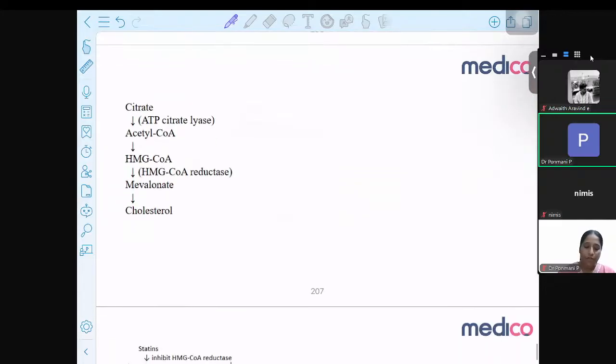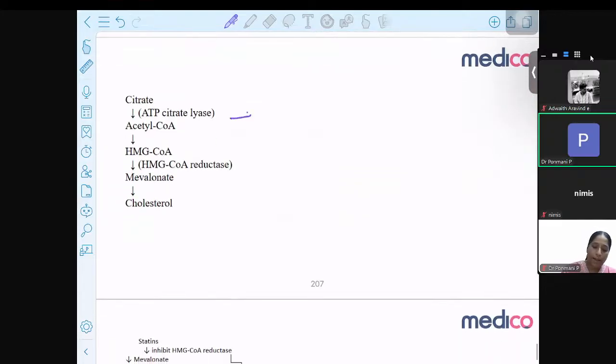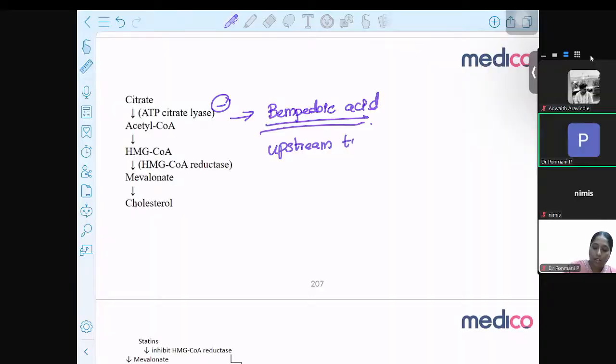And now coming to the other drug, which is bempedoic acid. Yesterday, we saw about this drug too, if you remember. What is bempedoic acid going to do? Bempedoic acid is going to inhibit ATP citrate lyase. It is going to act upstream to statins. Statins, where do they act?